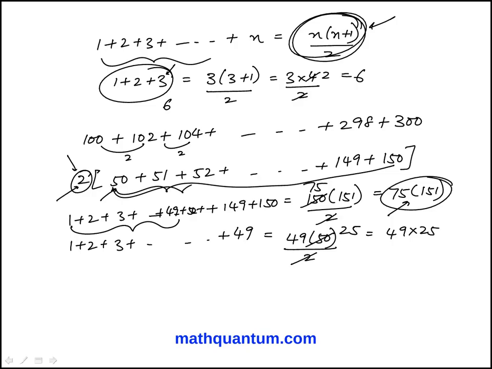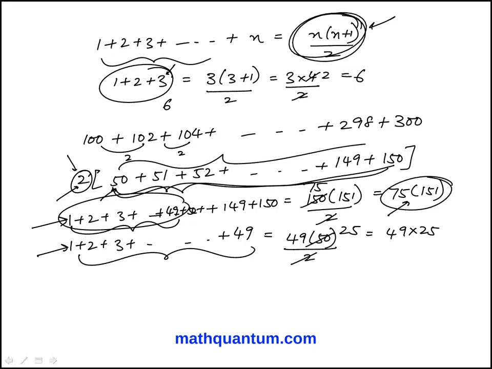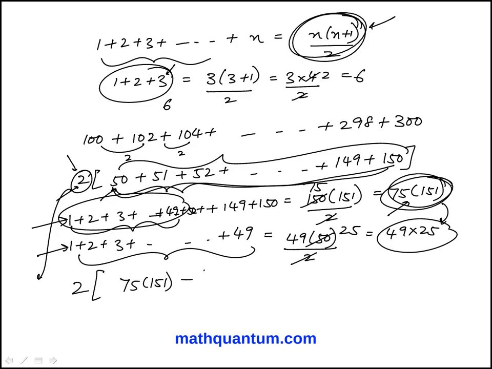Now, the sum we need would be this first sum minus that, because I'm taking out the terms 1 through 49, and I'd be left with that. So our original sum, we still have the 2 outside, is 2 times the difference of that. So 75 times 151 minus 49 times 25.